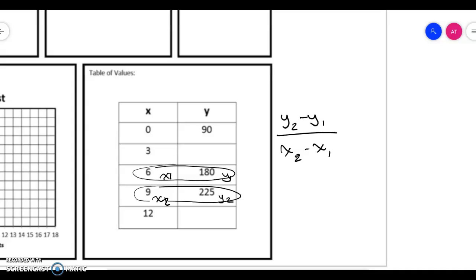So I'm going to take 225 and subtract it from 180. Then I'm going to take 9 and subtract it from 6.